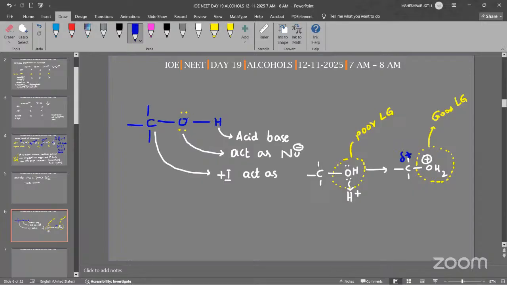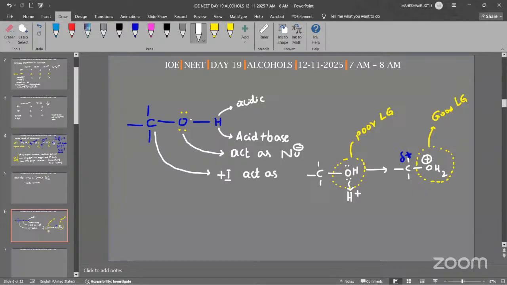Hydrogen, due to more electronegativity of oxygen, can be released as acidic hydrogen. So that acidic hydrogen reacts with the bases, nothing but acid base reactions. Why is it acidic?